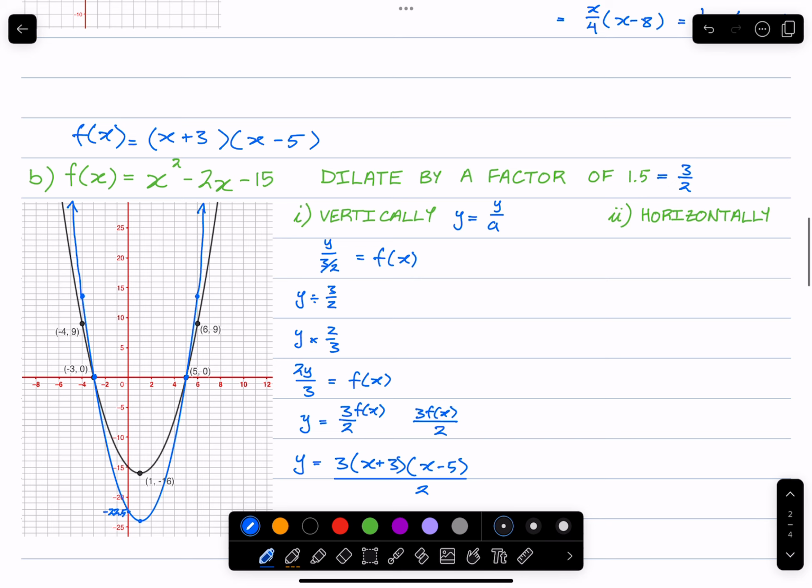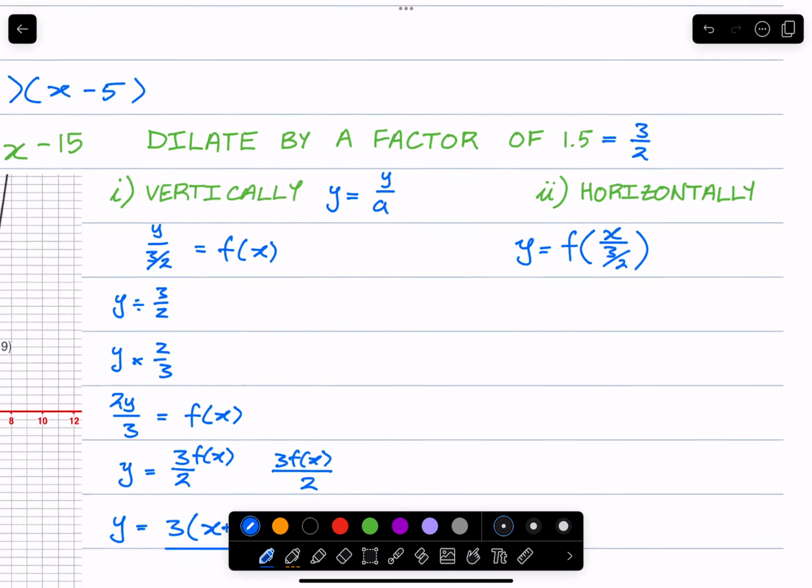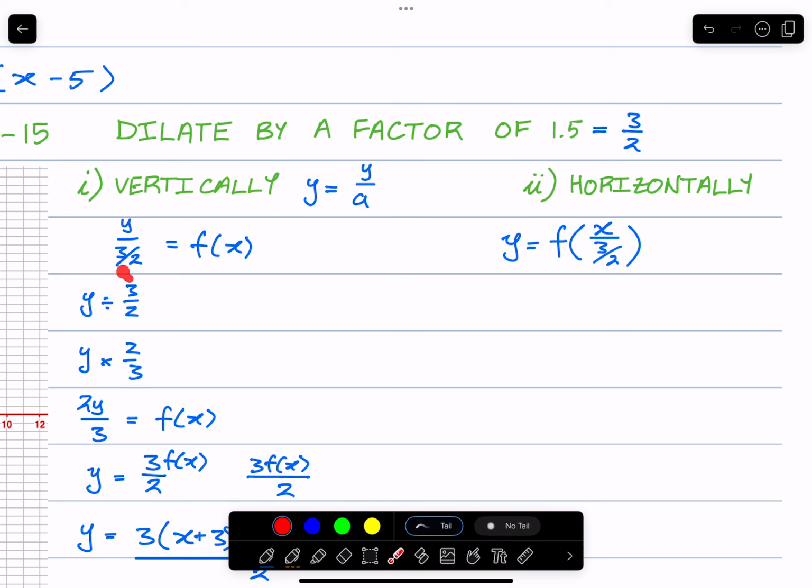horizontal dilation. Likewise for this, we're going to substitute. So it's going to be y equals f of x over 3 over 2. And by the same logic as this one, I'm just going to express it as y equals f of 2x over 3.